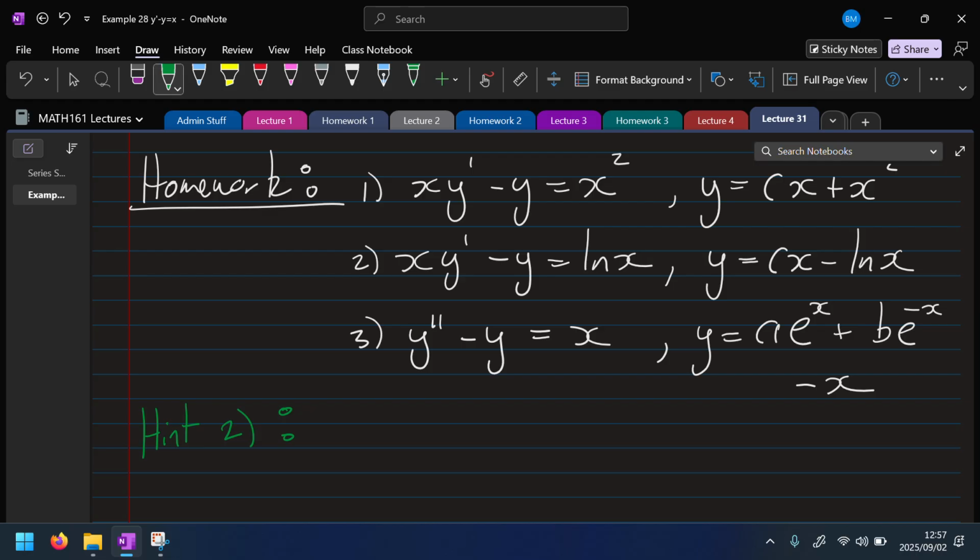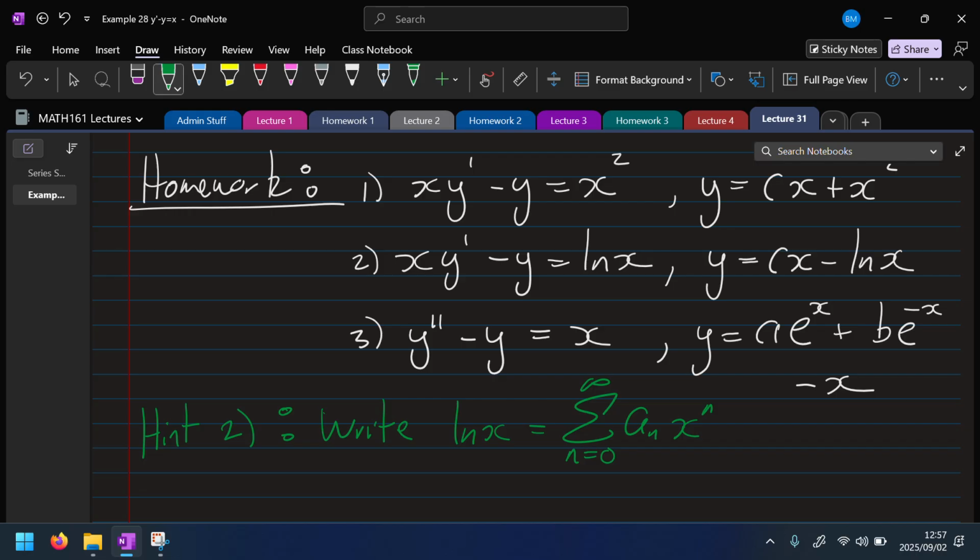Okay, there's your hint. Series on the one side, log x on the other. What can we do? Change it to a series. Exactly. So hint, write log x as the sum, n goes from 0 to infinity, sum coefficients x to the n. So the left-hand side will be a series.